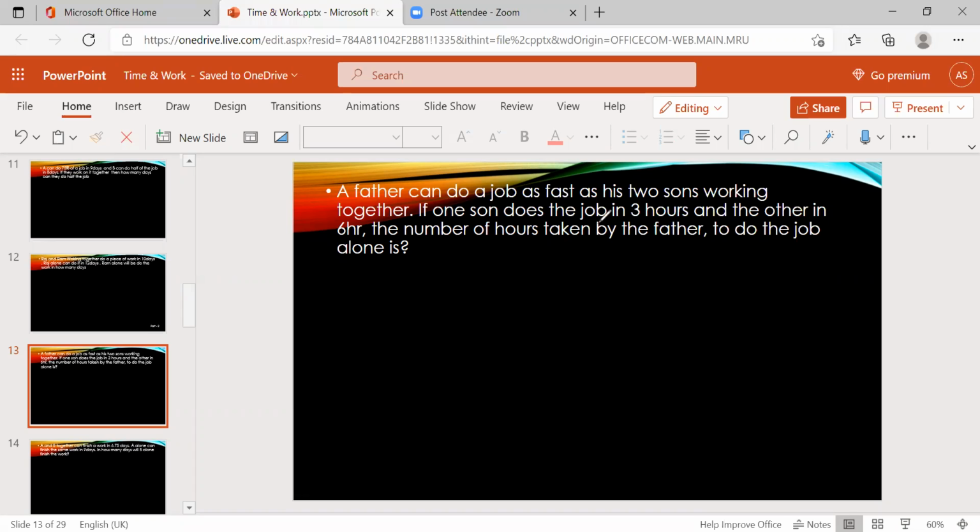Actually, there are two sons. Son 1 can do it in 3 hours. Son 2 can do it in 6 hours. So the efficiency of both of these together is equal to their father.